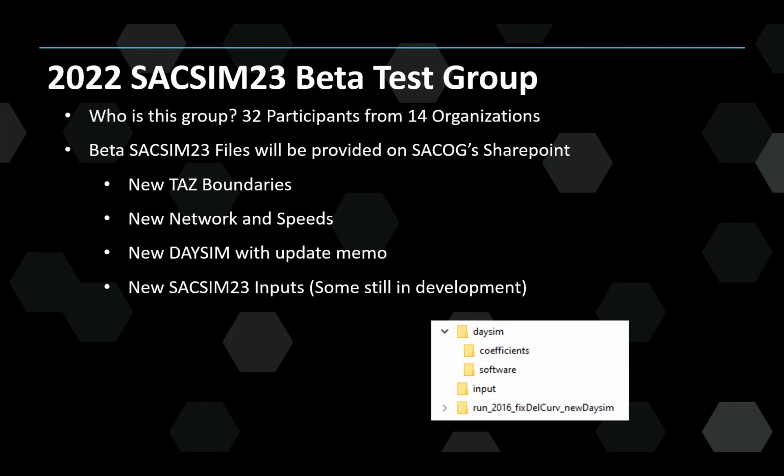I had one more. Thank you. I had one more question. Are any of the population synthesis processes going to be included within this beta test files? So that's a good question, Jimmy. Currently, we're still working through developing the 2020 population.